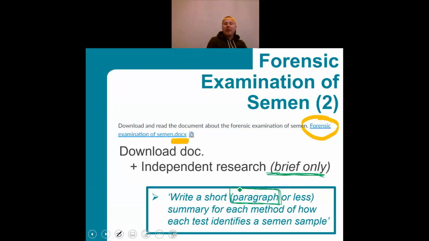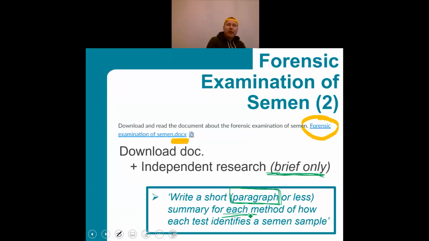On that short answer, I'm looking for you to cover each of the methods that are used for identifying semen samples. The question gives you a clue that there are some differences, so I'm looking for compare and contrast. What are the differences between these methods for studying the semen sample?